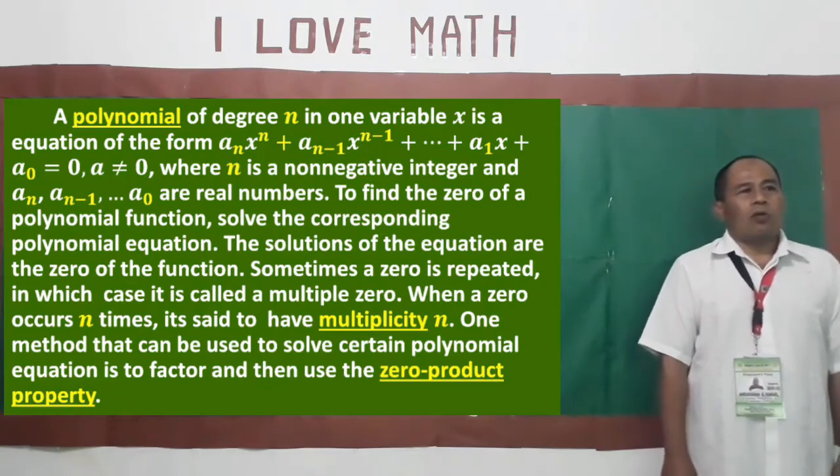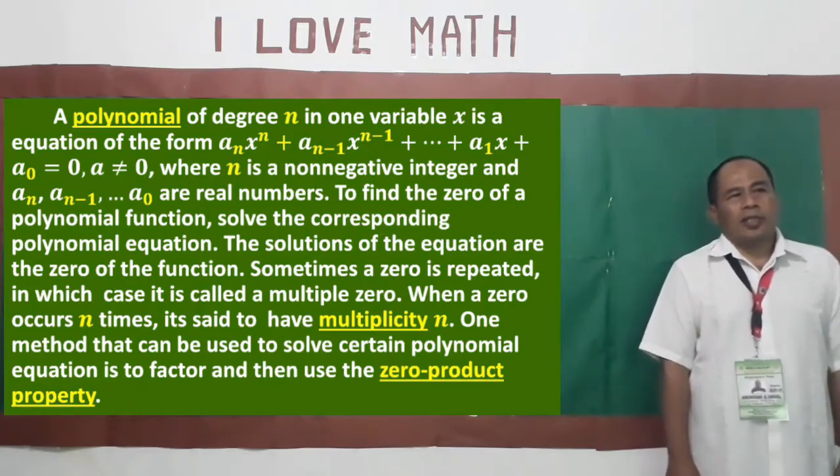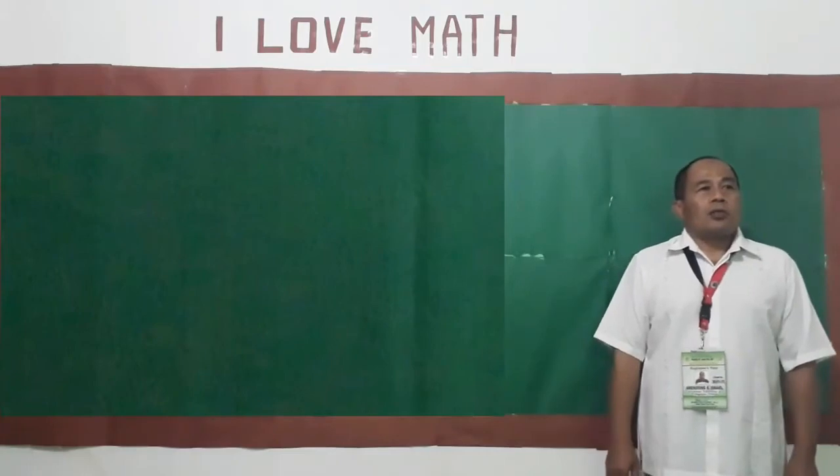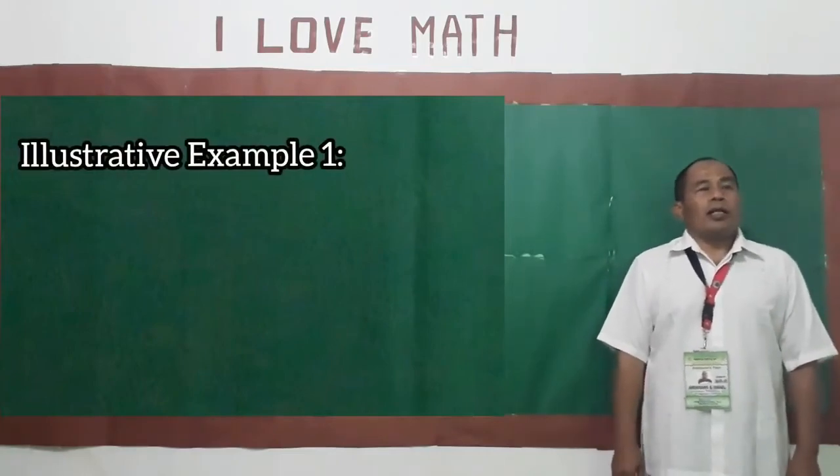When a zero occurs n times, it is said to have a multiplicity of n. One method that can be used to solve a polynomial equation is to factor and then use the zero product property. Okay, let us solve one example.